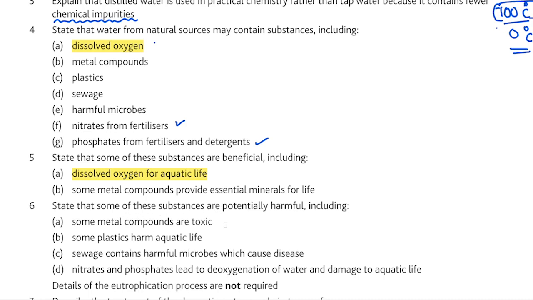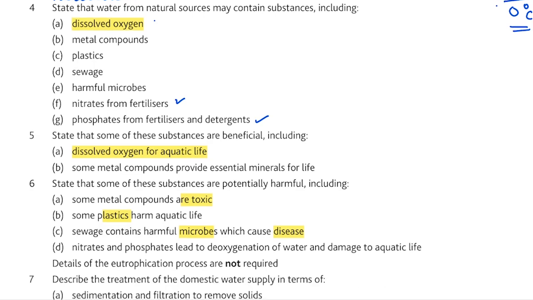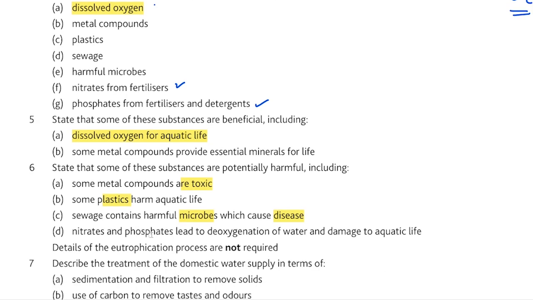State that some of these substances are potentially harmful: some metal compounds are toxic, some plastics are harmful, and sewage contains harmful microbes which cause disease. Nitrates and phosphates lead to deoxygenation of water and damage to aquatic life. How?